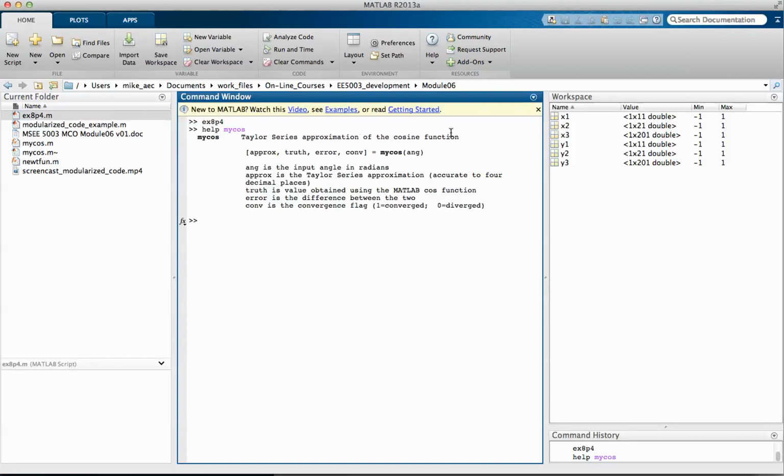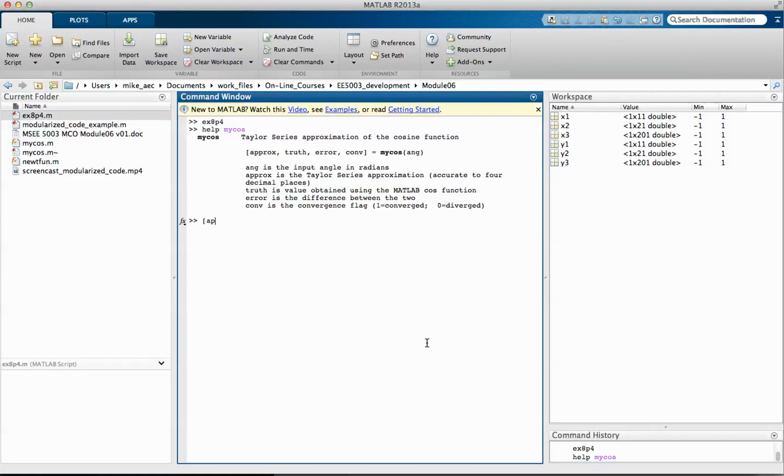So it's a Taylor series approximation of the cosine. The input argument is angle in units of radians. We have four output arguments. Approximation is the approximation we're generating with this function. Truth is what MATLAB is giving us. Error is the difference between the two, and then a convergence flag to see whether or not the function actually converged.